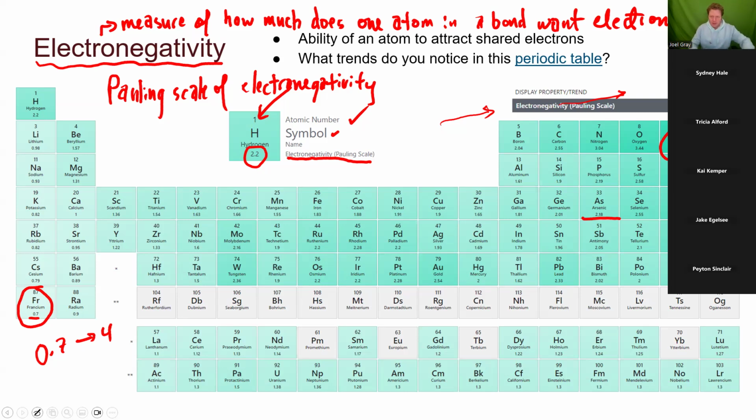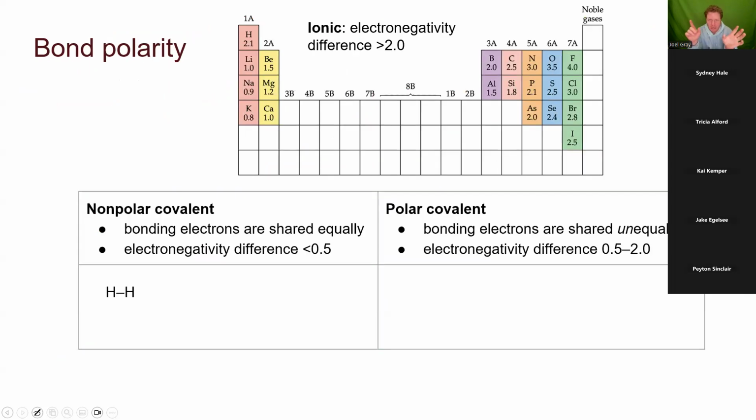How about that? Now, if we go to the next slide, we're going to see what we use these numbers for. Like I said, electronegativity is a measure of how much one atom wants electrons. 4.0 is the highest.